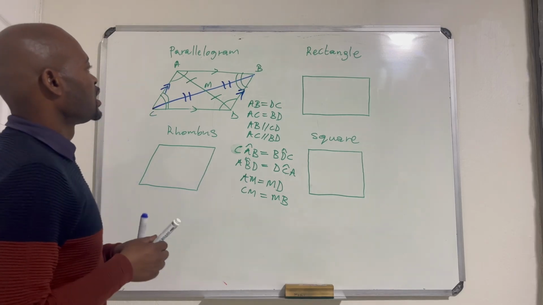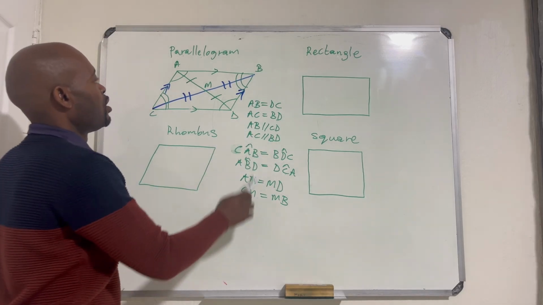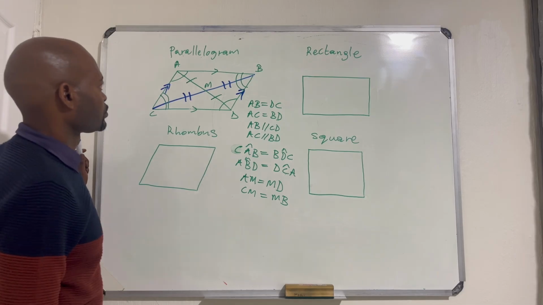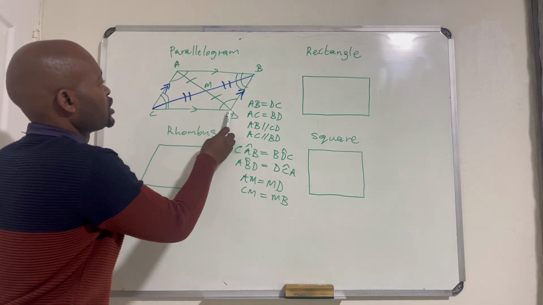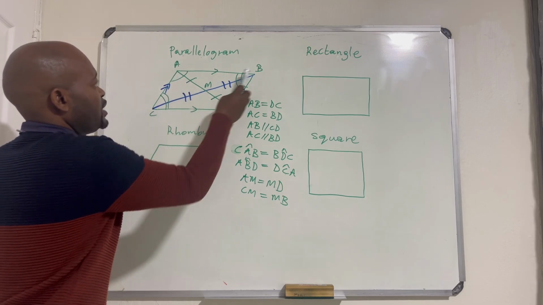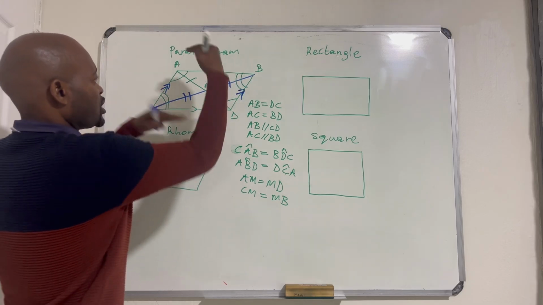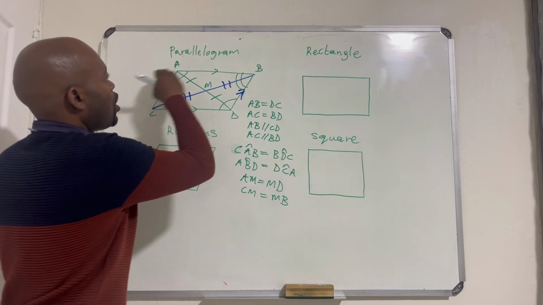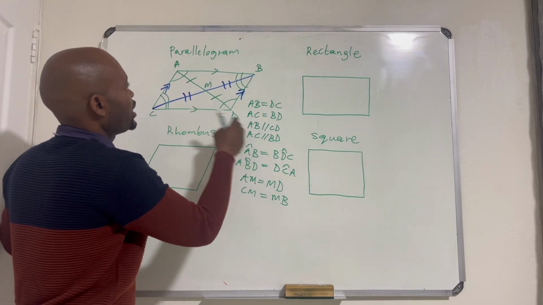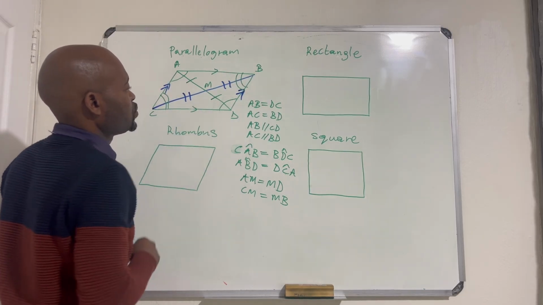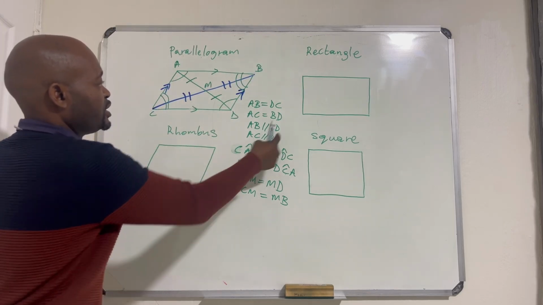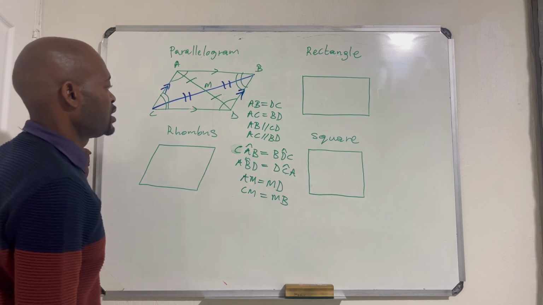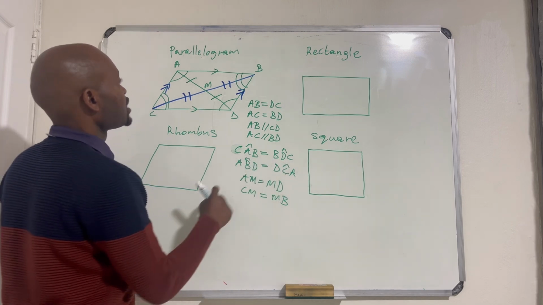All these are properties of a parallelogram, where AB is equal to DC, and AC is equal to BD. Opposite sides are equal. Opposite sides are parallel. AB is parallel to CD, and AC is parallel to BD. Opposite angles are equal.